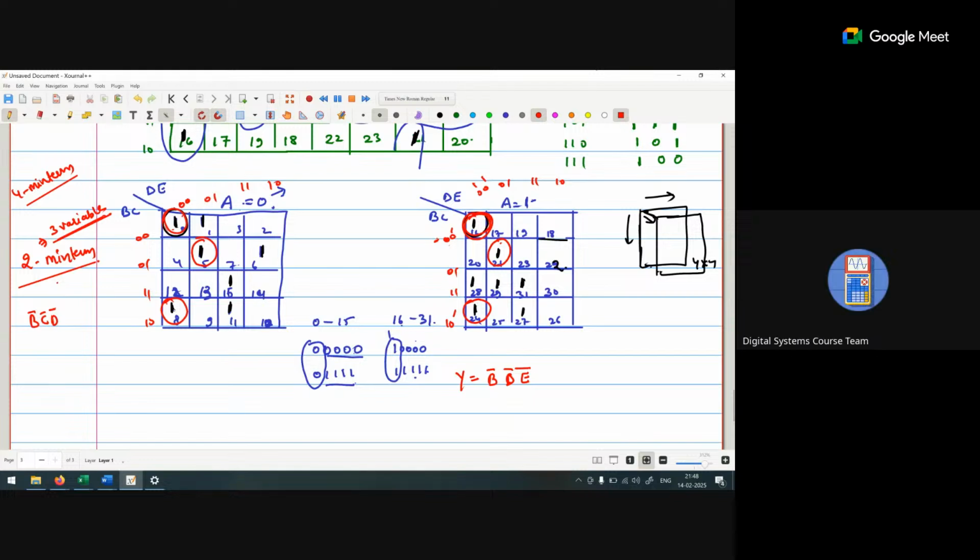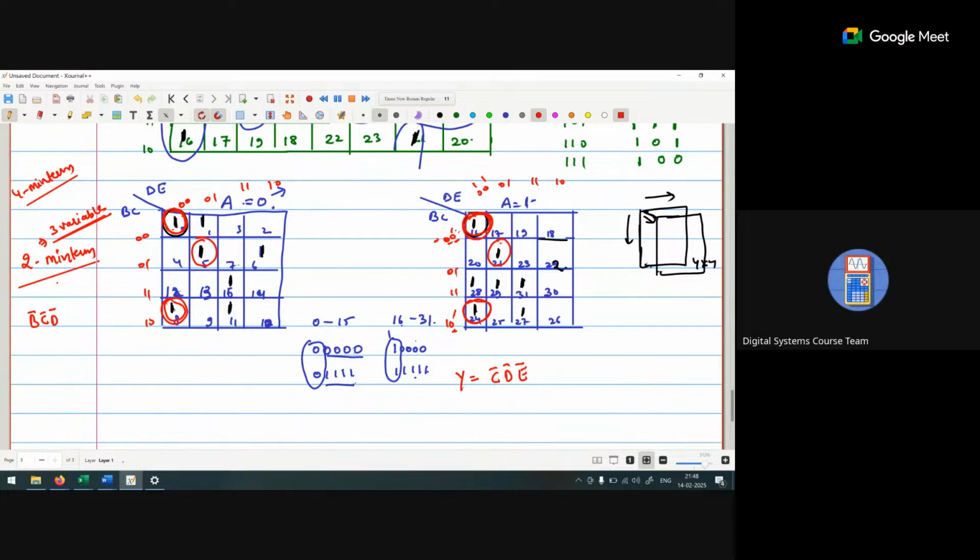A is changing, but B, this and this one. Similarly, this and this one. So if these two rows change, basically only one parameter is constant. The parameter is C bar. Yes, sir. Okay. C bar, D bar, E bar. Yeah, sir. Okay, sir. I got it.